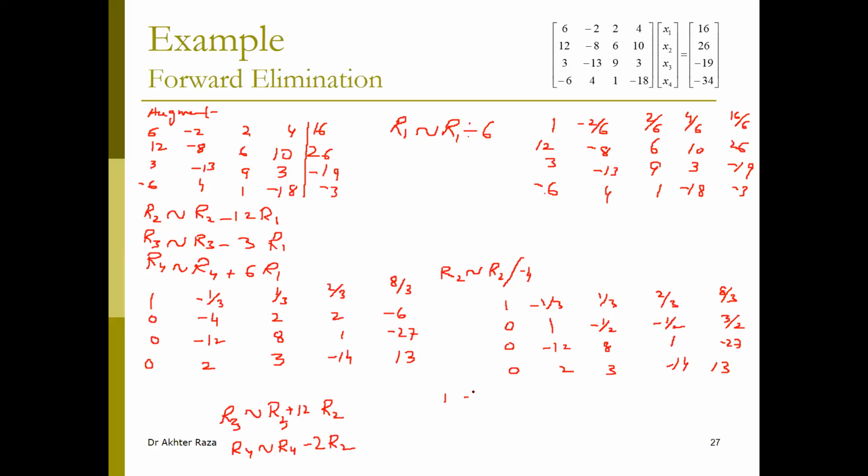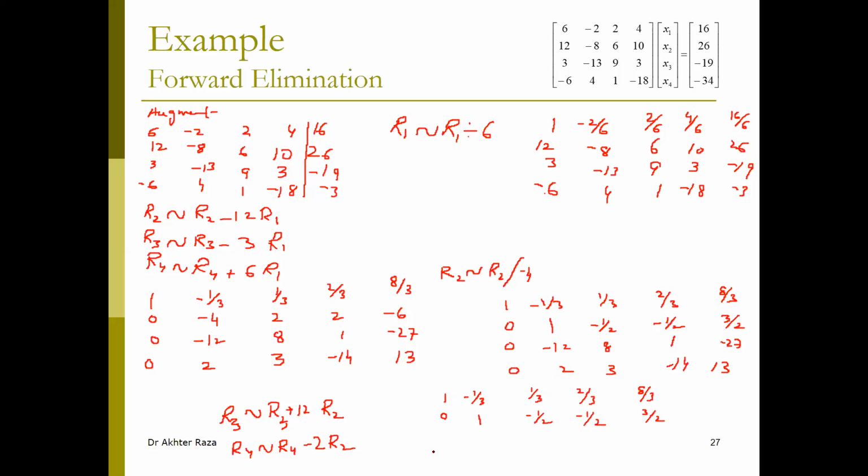1, minus 1 by 3, 1 by 3, 2 by 3, and 8 by 3. This is same. Row 2 will also be same. 0, 1, minus 1 by 2, minus 1 by 2, and 3 by 2.